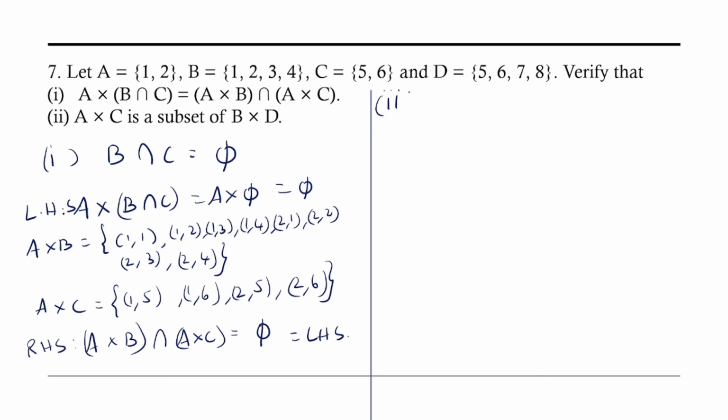In the second subdivision, we need to verify that A cross C is a subset of B cross D. We already have A cross C here. So let us find B cross D first.